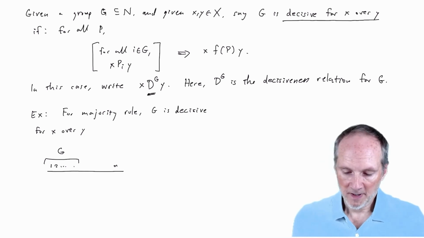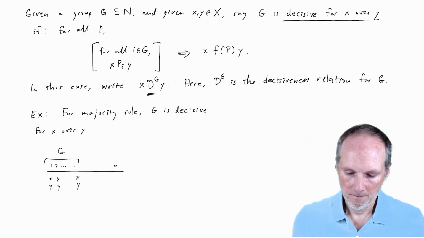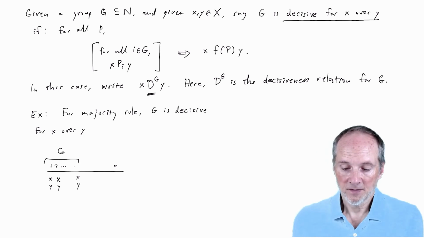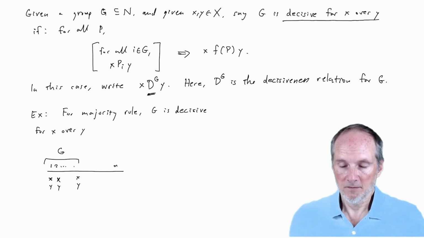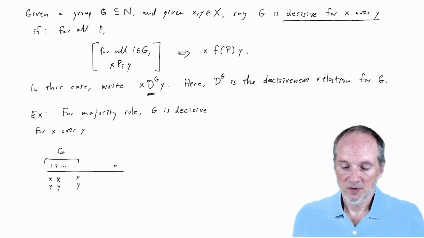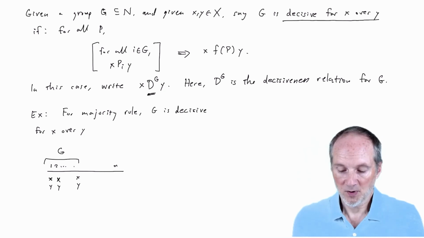Suppose we have a preference profile where everyone in G prefers X to Y. Well, G is decisive for X over Y if that implies that X is majority preferred to Y. For G to be decisive for X over Y, it must be that when they have that common preference for X over Y, then the social preference must also be X over Y. For majority rule, this boils down to a simple idea.